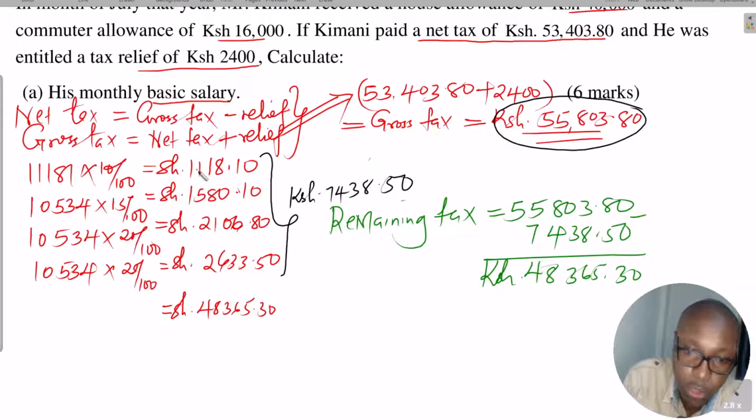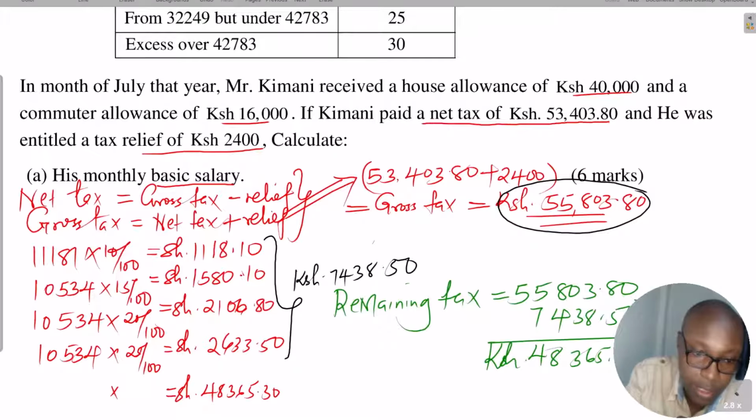So when you add everything now, the first band, the second band, the third band, the fourth band, and the last band, it should give you a gross tax of 55,803 and 80 cents. That is why we've done this. Next, we already know the rate of taxation in the last band, which is given here. It is 30%.